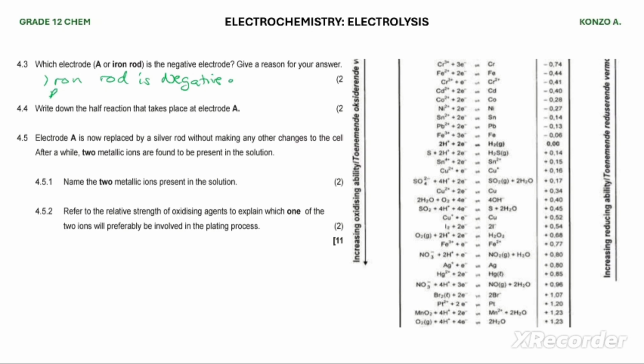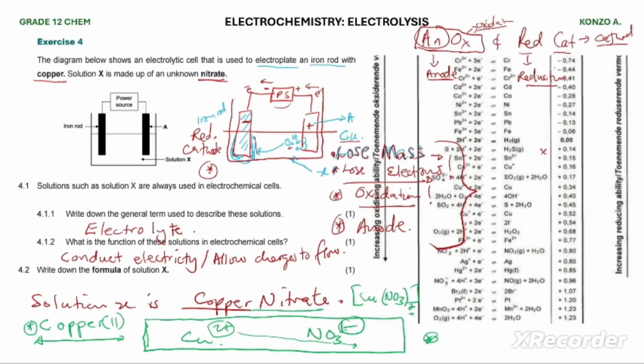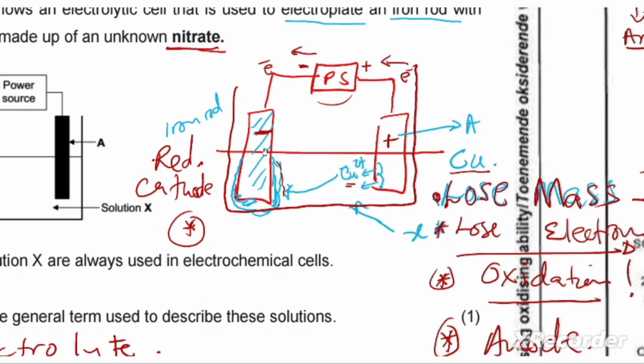Well, because reduction occurs there. Or here, whatever you want to say. All right, fine. Let's look at this one more time. We say this is a negative terminal so that it can attract the positive ions, copper ions, so that it can reduce them. That's the secret behind that. So that's why we say reduction happens here as a reason for why we think this should be negative.